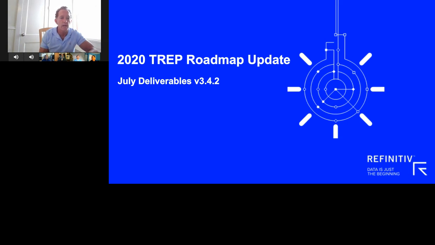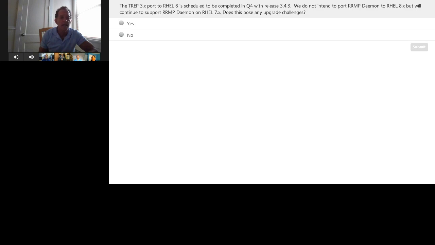Let's do one of the polling questions right now so people will have an idea how this works. Wrong button. All right, so one of our deliverables for fourth quarter is we're going to provide support for Red Hat 8, which coincides with the end of life of Red Hat 6.